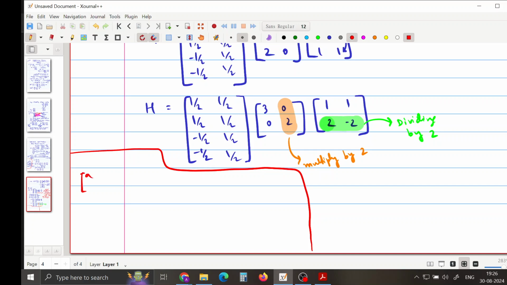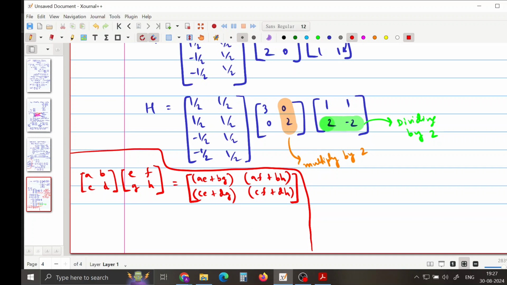Let's say again I'm using A, B, C, D, and let's say E, F, G, H. Once you multiply this, what you get is AE plus BG, AF plus BH, CE plus DG, CF plus DH, right?